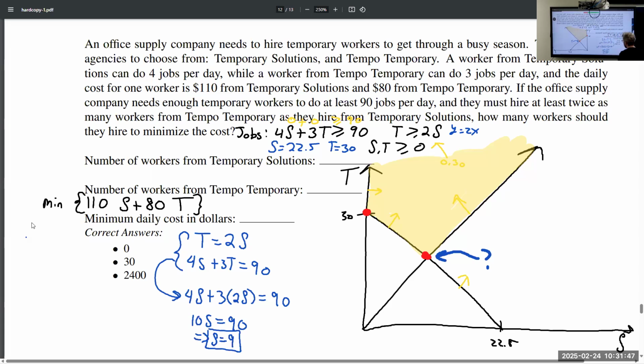That seems to occur when s equals 9. And what does t equal? Double that, since it's 2 times. So I think that would be 18. So that occurs at (9, 18).